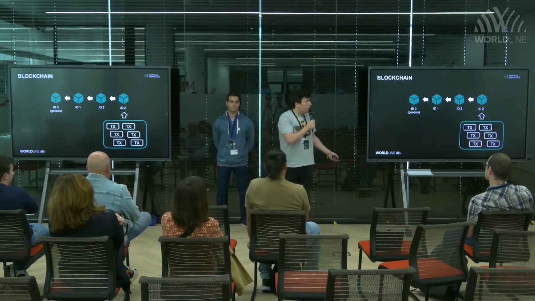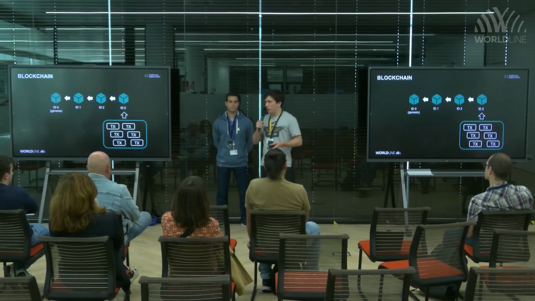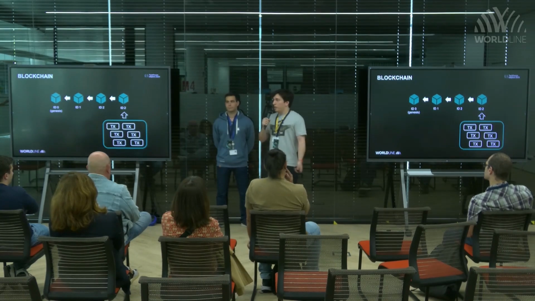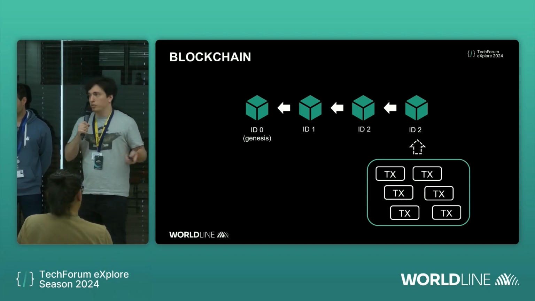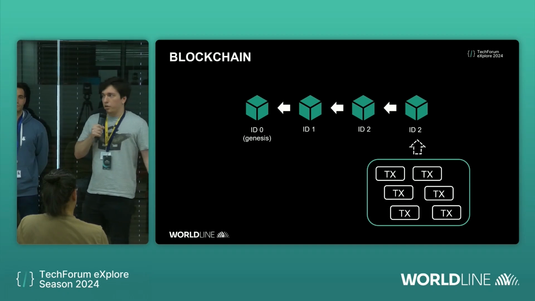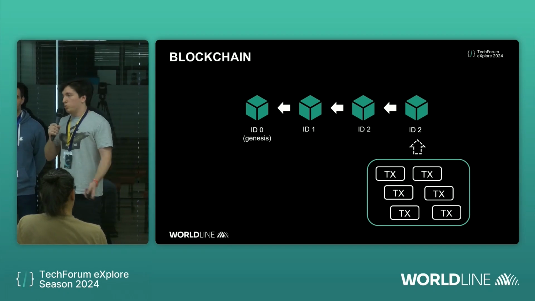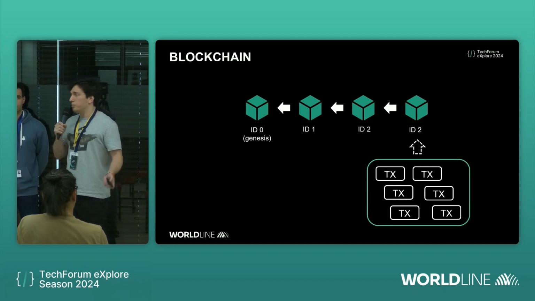This architecture provides a secure, transparent, and unchangeable record of all these transactions. Beyond digital currency, this technology can also be used, for example, to prove the ownership of an asset or also the authorship of a piece of work.